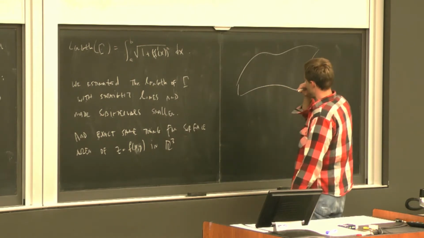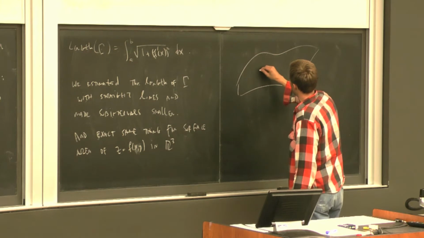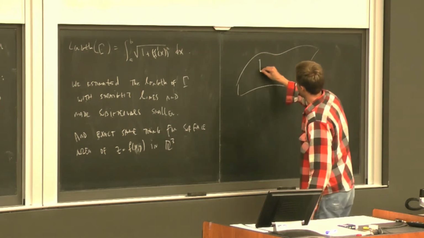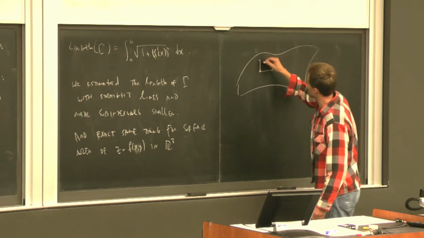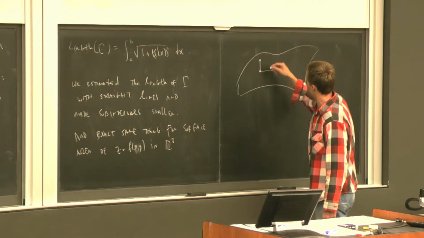I promised myself I wasn't going to draw in 3 dimensions, but here I am. So you took the value of the function at this point. You went a little bit in the x direction and measured the value at this point.